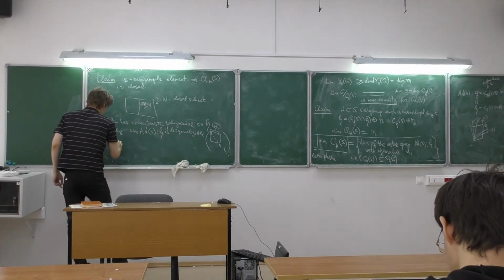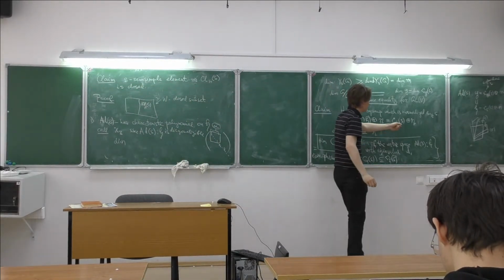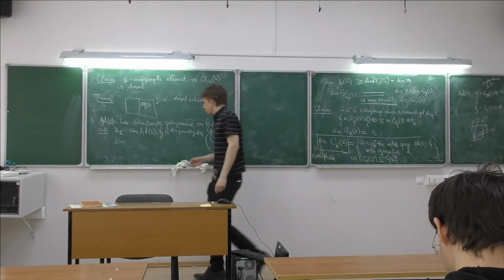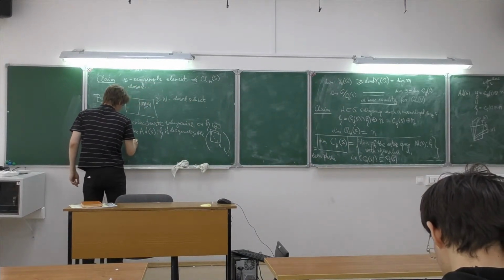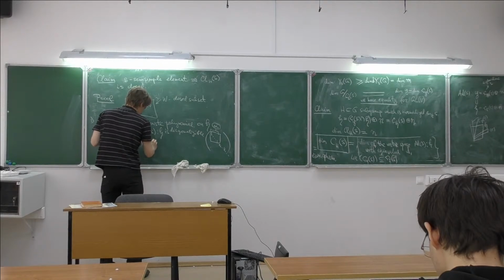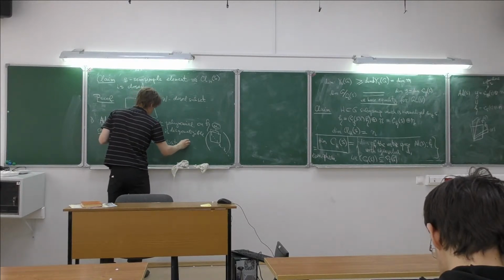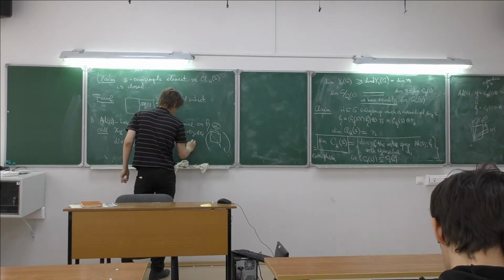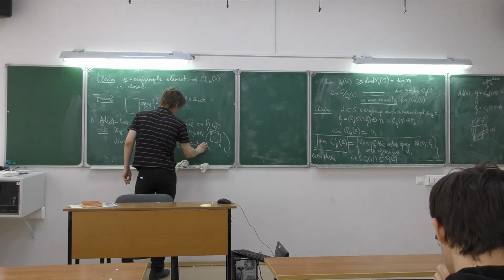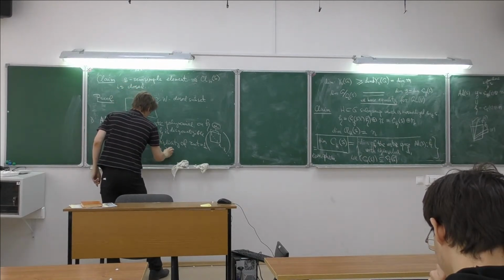Yeah, so you know that dimension of this centralizer, so dimension of this CH of S is just multiplicity of root equal to 1 in a characteristic polynomial psi S. Okay.